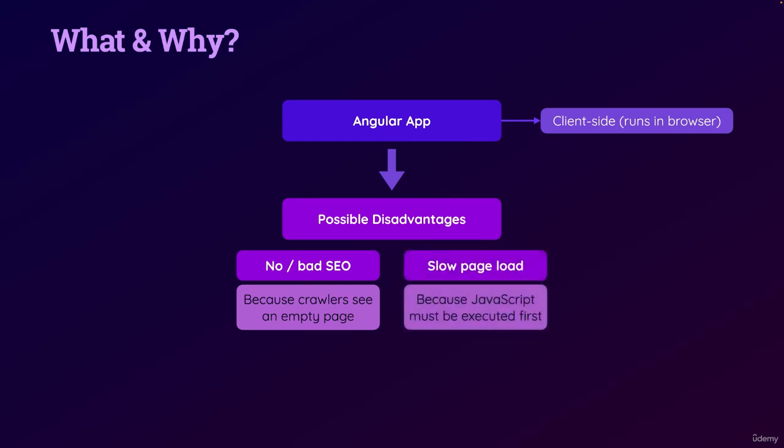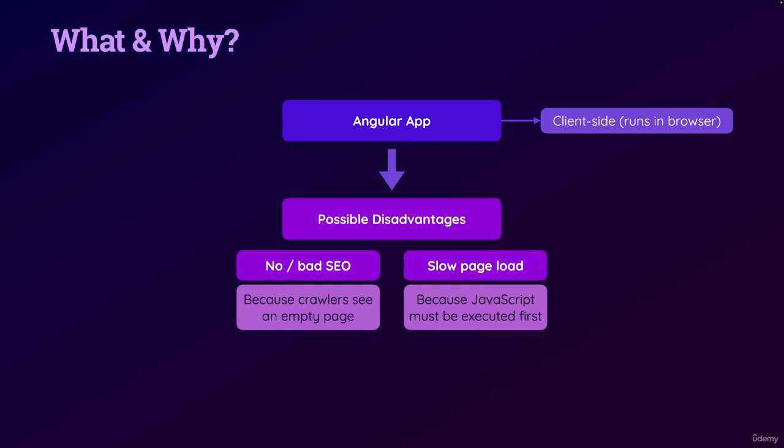Another potential disadvantage is that you can have a slow page load. Especially if you're on a slow network or on a slow device, loading the page and displaying content on the page can take some time because all this JavaScript code must be downloaded before something's rendered to the screen.